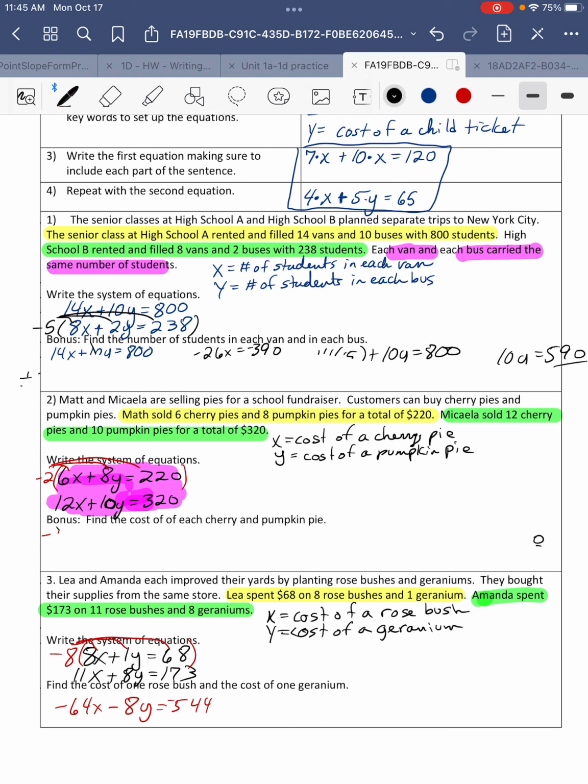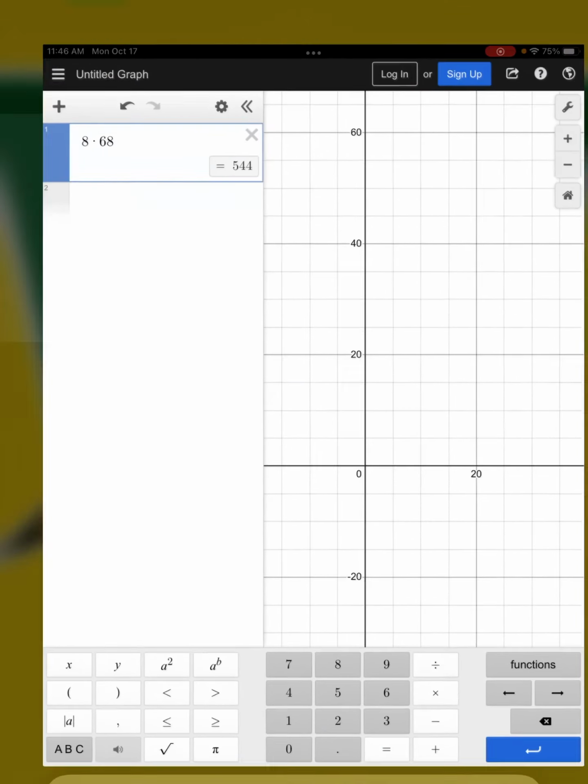That's a negative. And our bottom equation, the y's are opposite coefficients, so that's good. Line them up, add vertically, you get negative 53x equals 544.73.